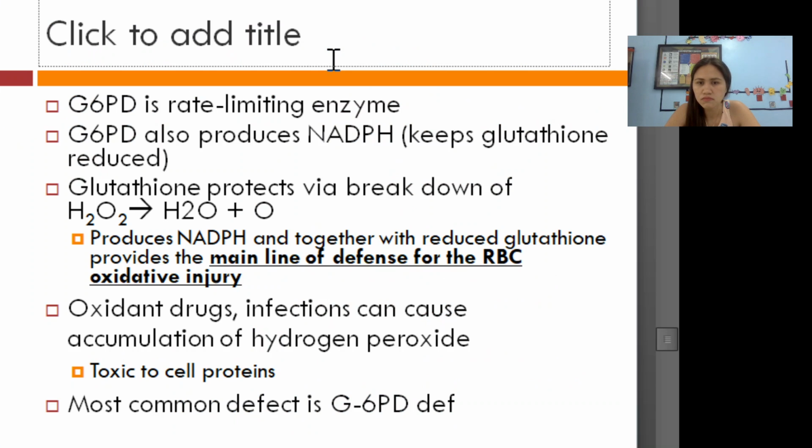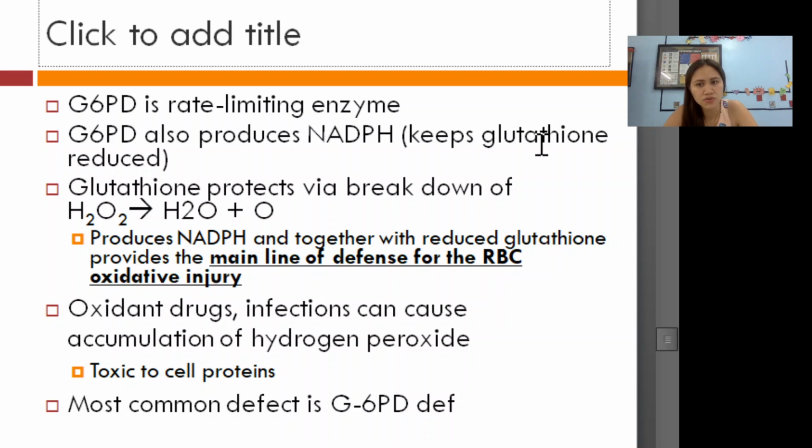So your G6PD, as I said, is a rate limiting enzyme. Okay, it produces NADPH that keeps glutathione reduced. So mura siya domino effect. Kinahanglan nato ang enzyme na G6PD para makaproduce ta ani. Kaya kani siya maka-help to keep our glutathione reduced.